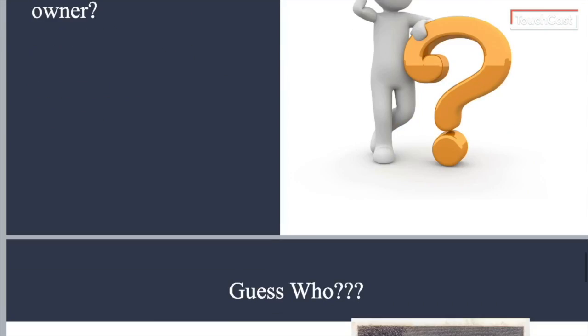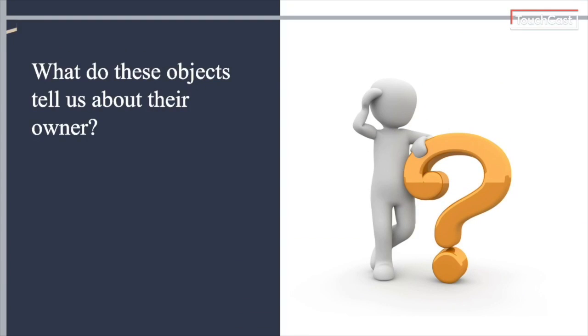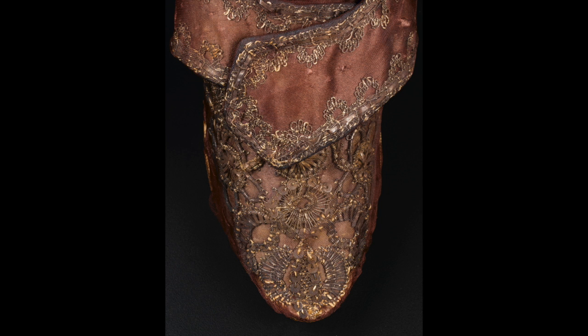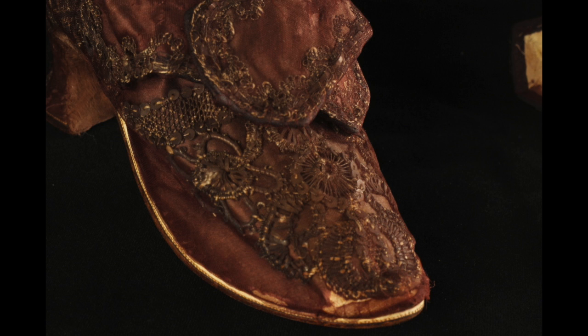So again, our essential question is, what do these objects tell us about their owner? I would say something like, they might be from someone who's very rich because they're made out of a very delicate material like silk and beading, that they are probably worn by a woman just because of the height of the heel on these shoes.